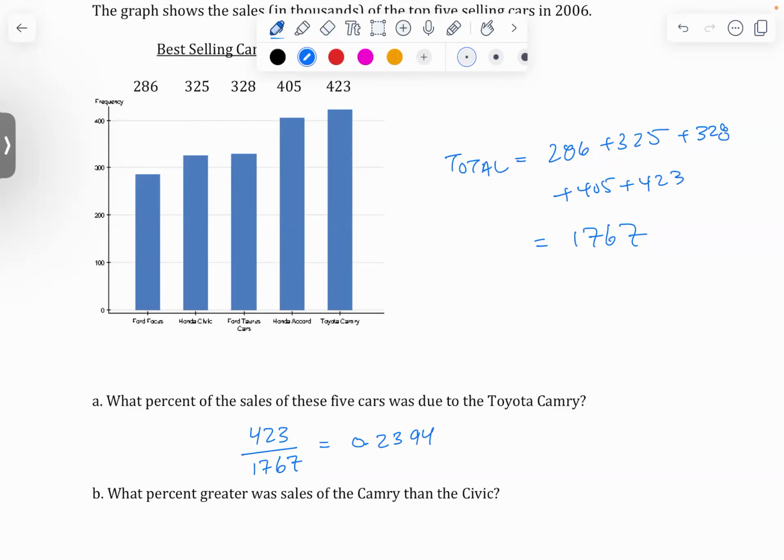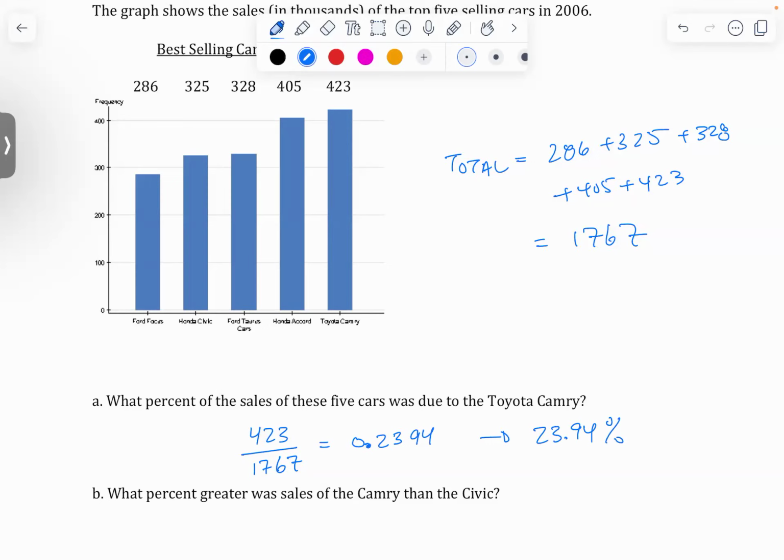Now, I highly recommend 4 decimals because when you have 4 decimals, then when I multiply this by 100 to convert it to a percentage, that becomes 23.94%. The big thing here is that then you always have 2 decimals in percentage.